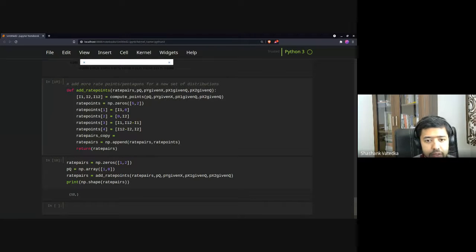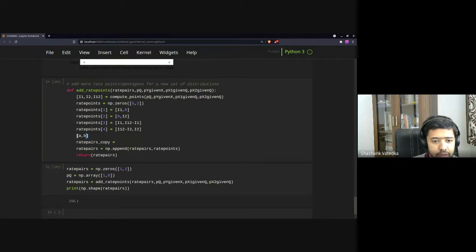I've defined this as B. So let's find the size of rate pairs and just add more points. Okay, plus I'm adding 4 more points.